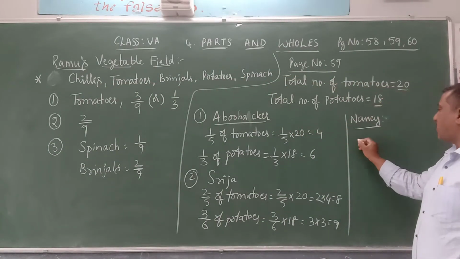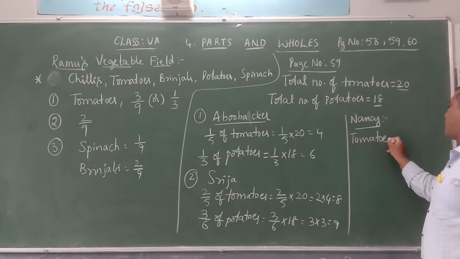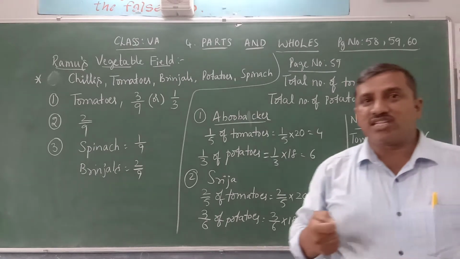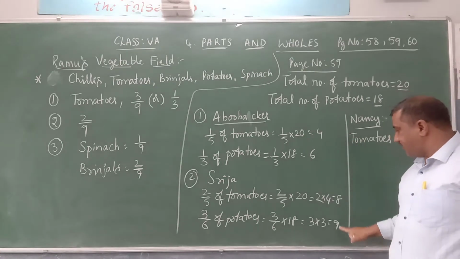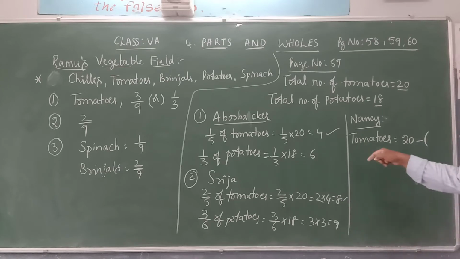So how many tomatoes did Nancy get? Total number of tomatoes, how many are there? 20. From this, we subtract the tomatoes which are given to the two friends, Abu Bakr and Srija, that is 4 and 8. Add these two, 4 plus 8, and subtract.